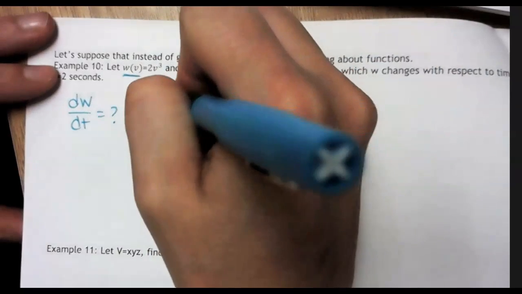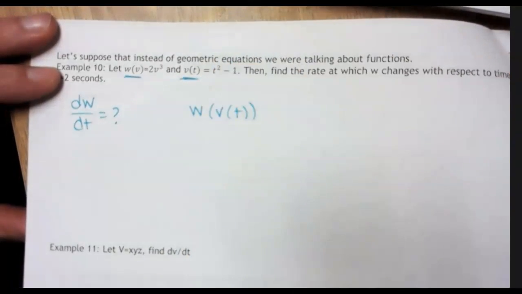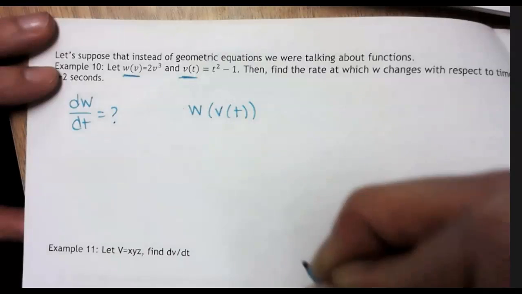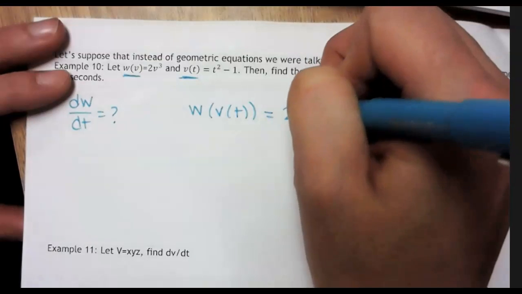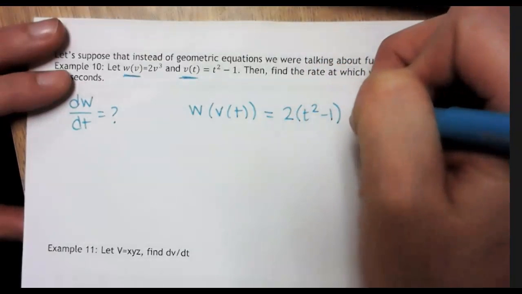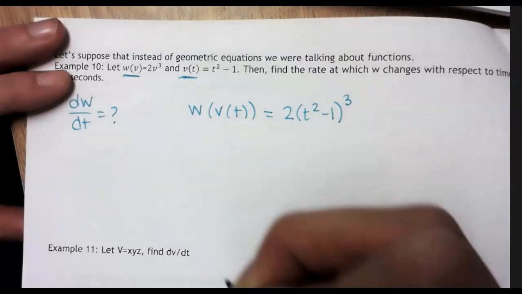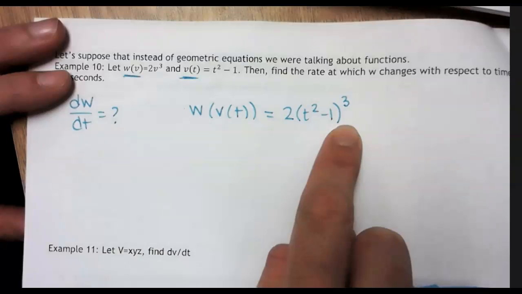So we could come up with a function composition that says w of v of t would be equal to 2 times t squared minus 1, all cubed. So that would now create a w with respect to t.